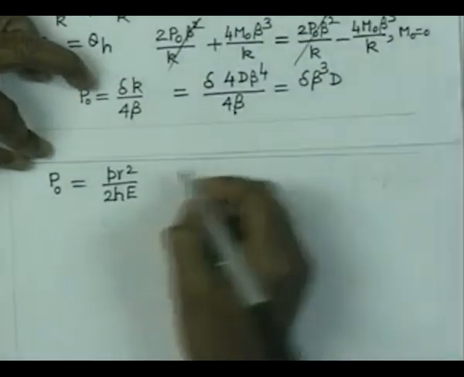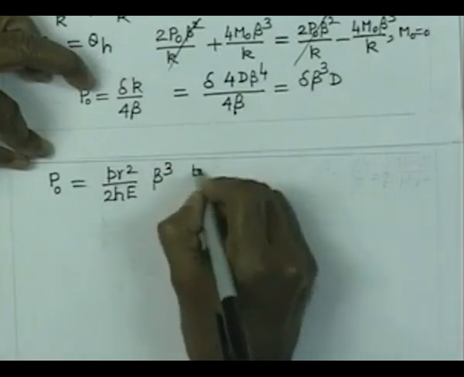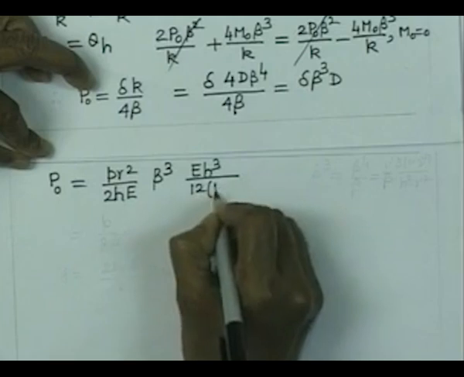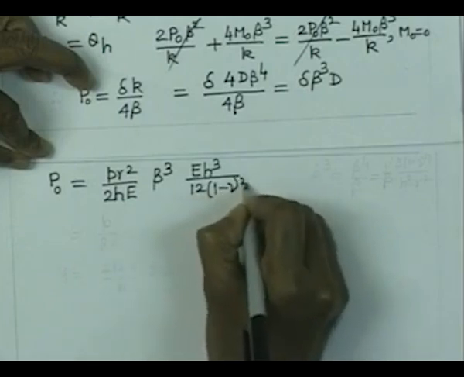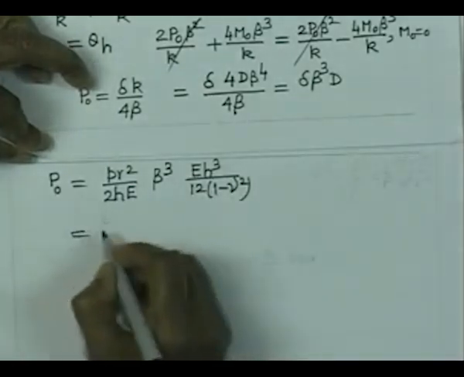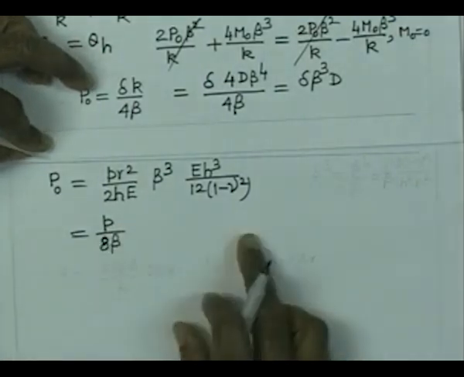So, I am writing really that all these parameters, beta cube E H cube by 12 into 1 minus nu square. This is the value of delta, this is beta cube, and then d I have written, and this simplifies to p by 8 beta. So, that is the value of the force.